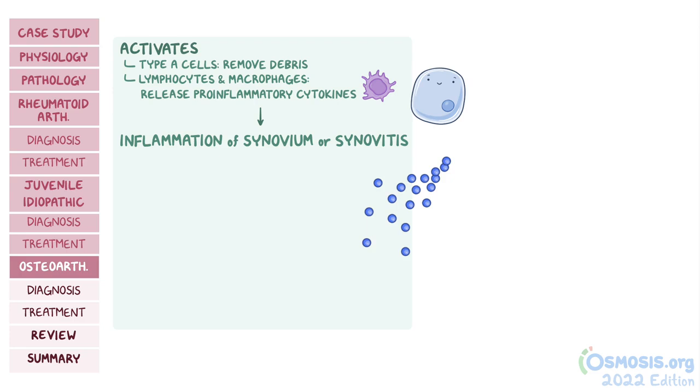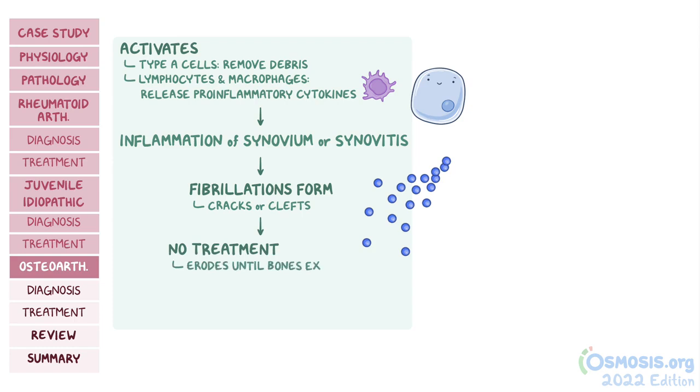As the destructive process progresses, fibrillations form, which are essentially cracks or clefts on what used to be a smooth articular surface. If no treatment is provided, the cartilage will continue to erode away until the bones are exposed, allowing them to rub with one another, which causes bone eburnation, making it look like polished ivory.